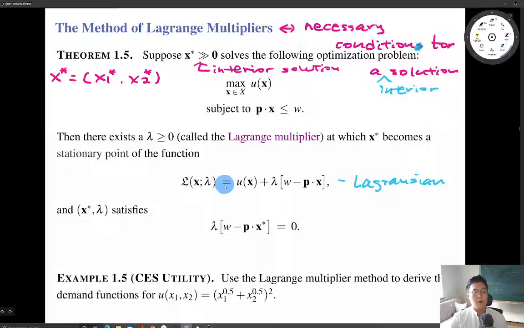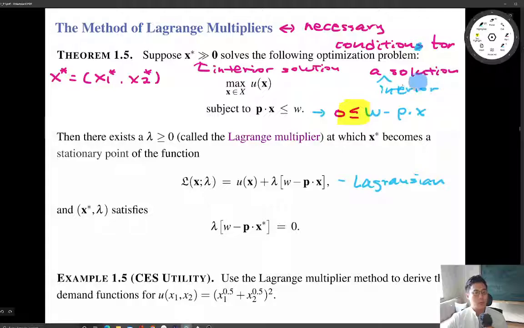The way to set up the Lagrangian is, we first put the objective function we want to maximize or minimize, plus lambda, the Lagrangian multiplier, and then multiply by the given constraint. Before substitution we have to manipulate the given constraint into this form: w minus p dot x is larger than or equal to 0.